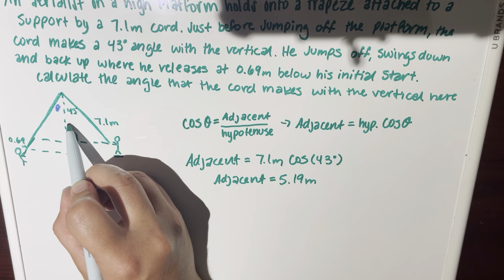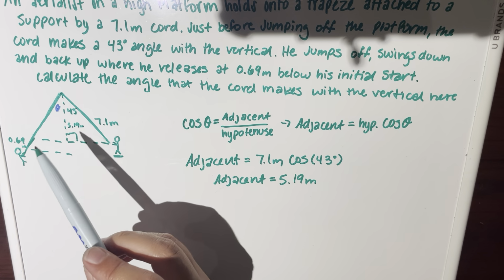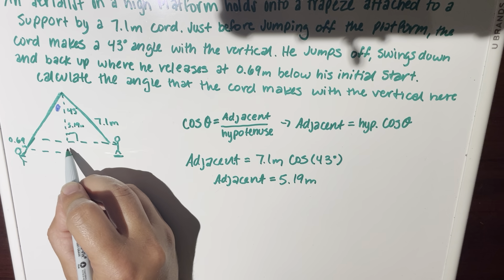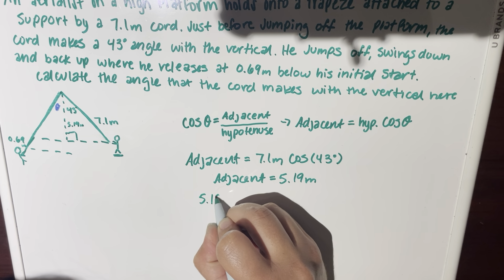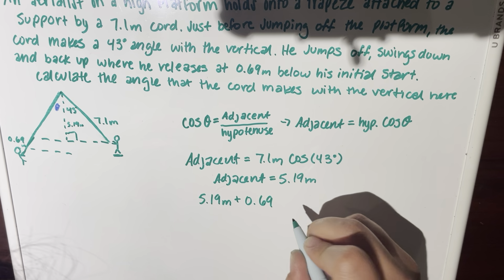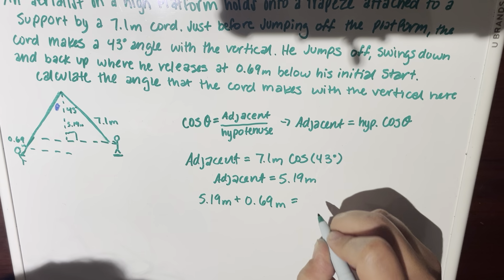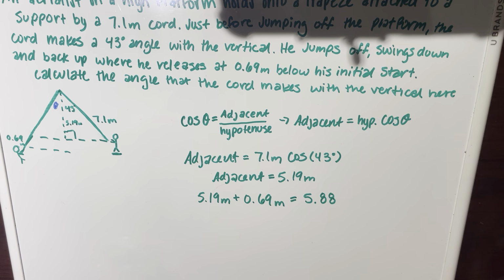So that's going to be 5.19 meters here. And we know that he goes 0.69 meters farther. So we can take 5.19 meters, we can add 0.69 meters, and that's going to give us around 5.88 meters.